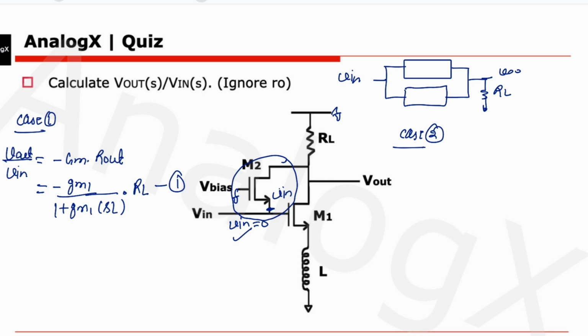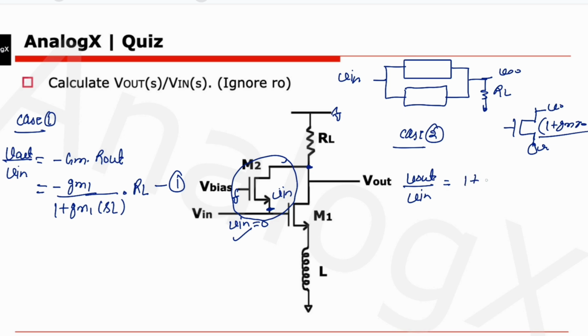For a simple MOS, if we apply input V in here and take V out here, the gain will be 1 plus Gm R naught. Here V out by V in is positive, so there is no inversion in this case.